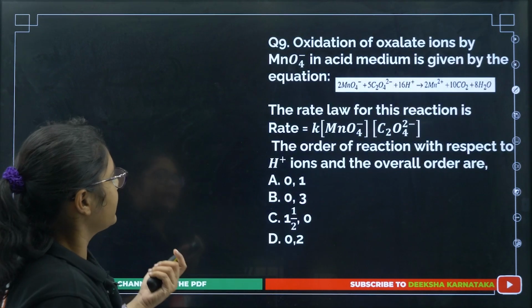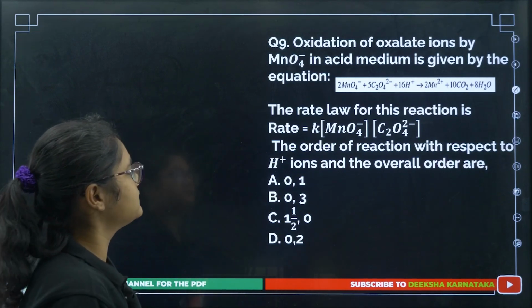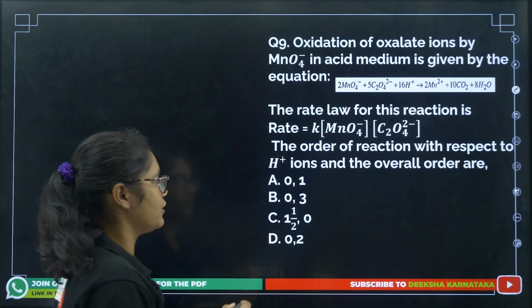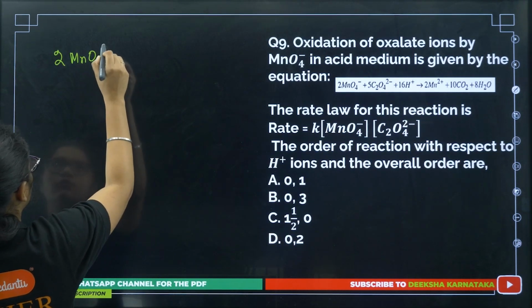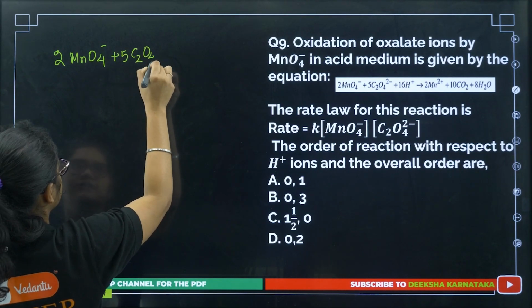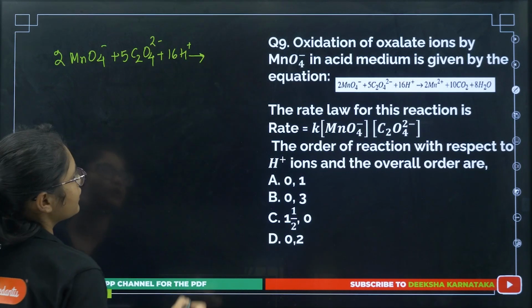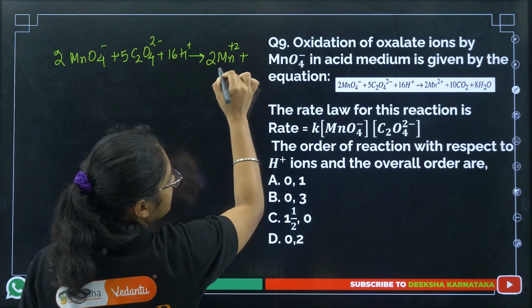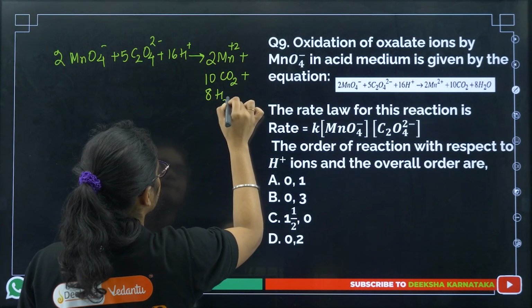Next, the oxidation of oxalate ions by MnO4 minus in acidic medium is given by the reaction. I hope the reaction is visible, or I'll write it again here: 2MnO4 minus plus 5C2O4 2 minus plus 16H plus is giving you 2Mn2 plus plus 10 CO2 plus 8 water.